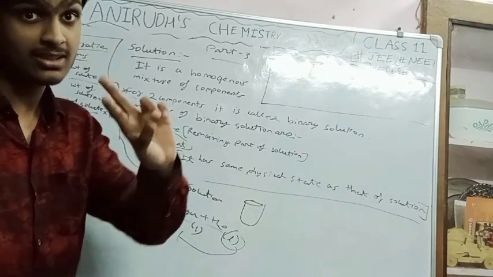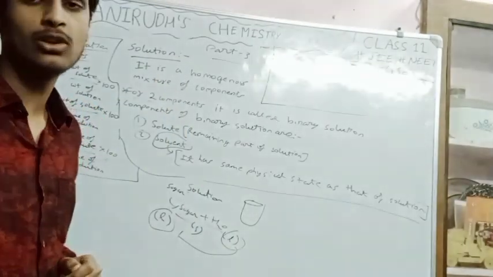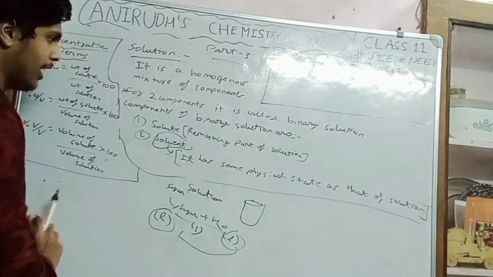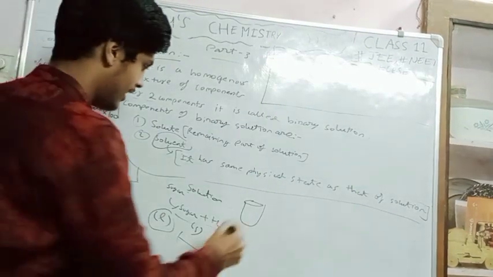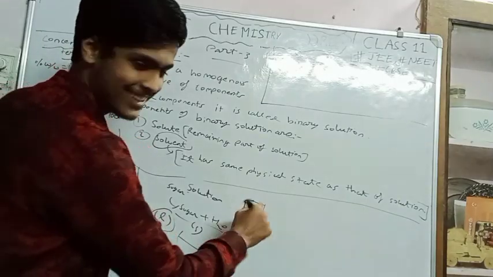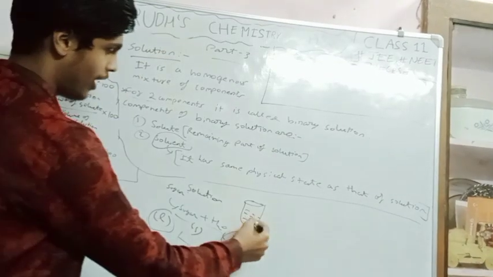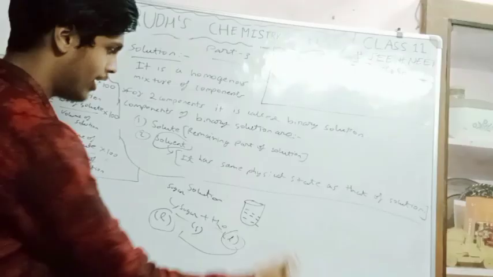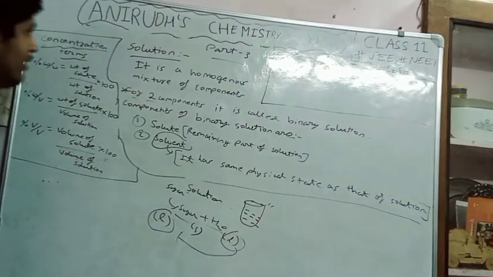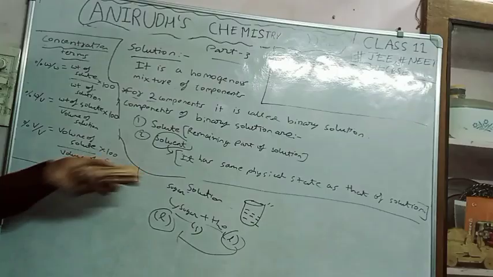That's it, if both solute and solvent have the same physical state. I hope you got clarity. I will draw like this. This is a glass and you have some sugar solution. You added water and sugar. Just for your understanding, nothing much. Now just copy this down.